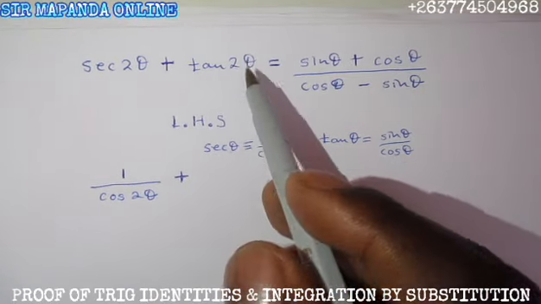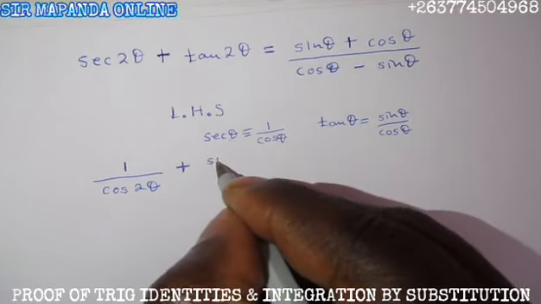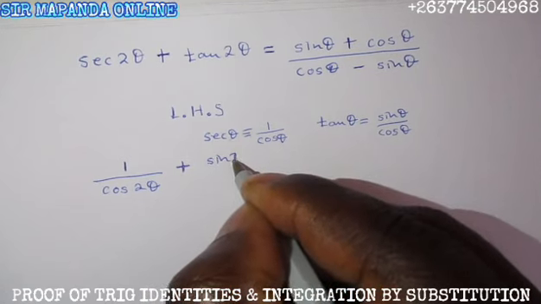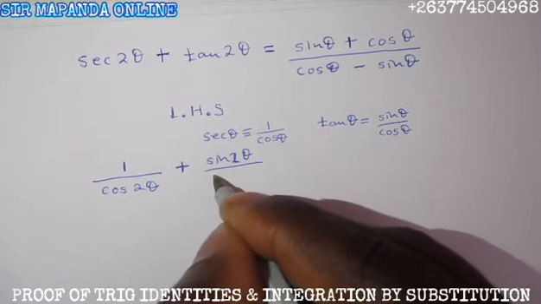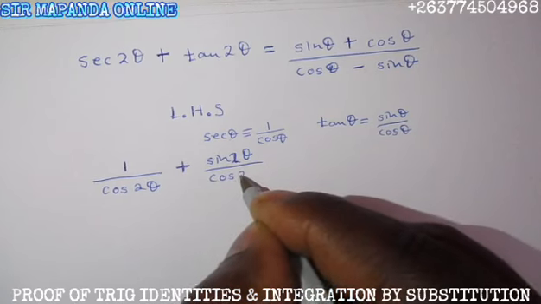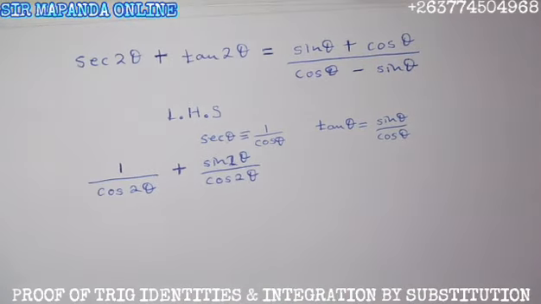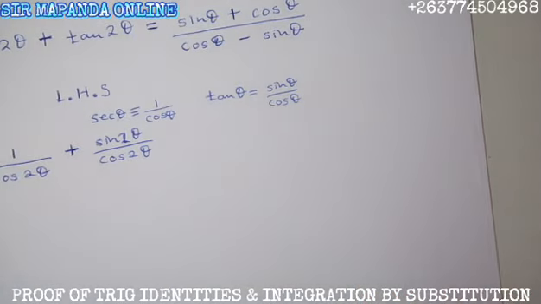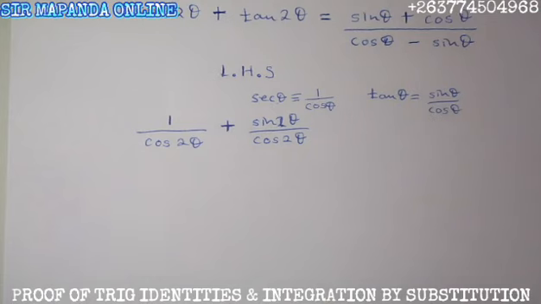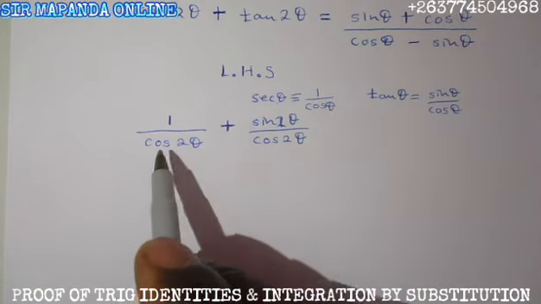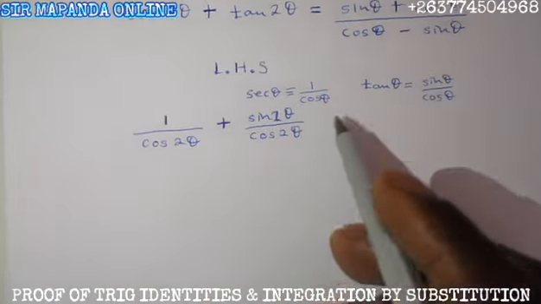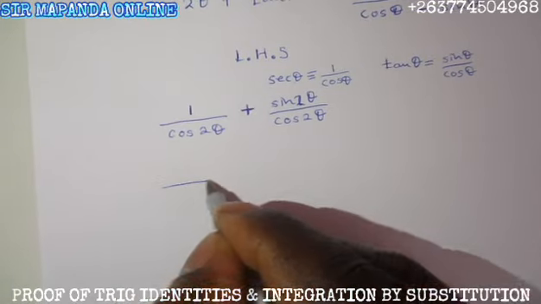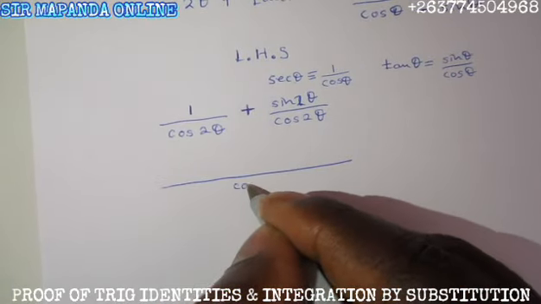Tan 2θ is the same as sin 2θ divided by cos 2θ, using the relationship tan θ is equal to sin θ over cos θ. Right, so you can clearly notice that we have a common denominator, which is cos 2θ. Hence, cos 2θ is going to represent our LCM.